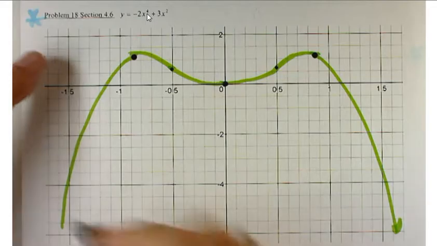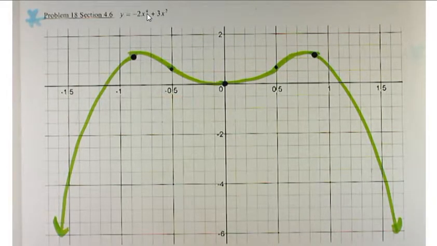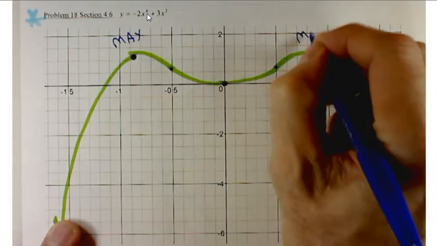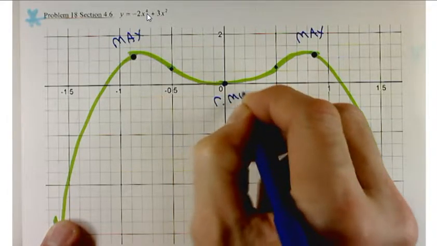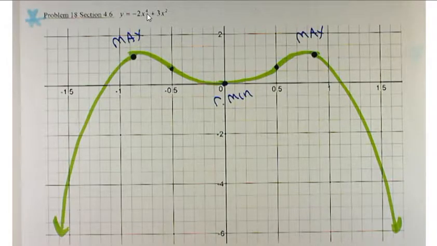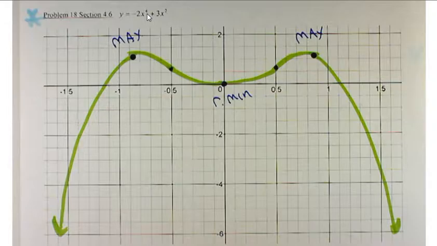Okay, so there's your graph. Yay. Let's label some of these points. This is a max. This is a max. That's a relative min. And these points, what's happening at -1/2 and 1/2? What's of note to us here? Yeah, it's a point of inflection.